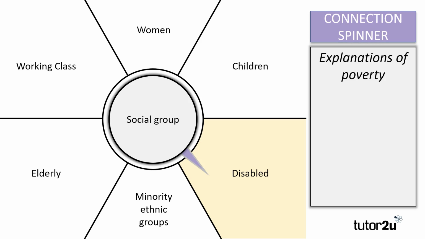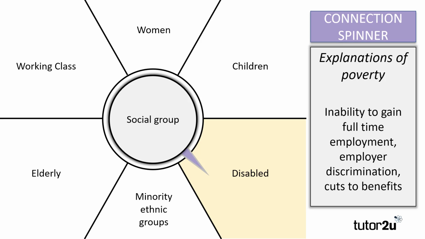Maybe also think about structural inequalities that exist when we're looking at poverty. Okay, so let's look at some of the explanations for why disabled people are more likely to be in poverty than able-bodied people. Well, inability to gain full-time employment.